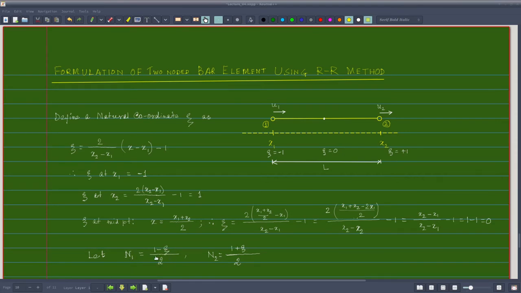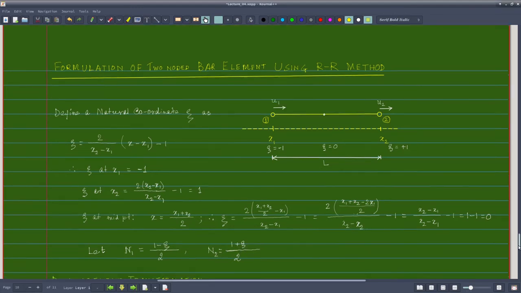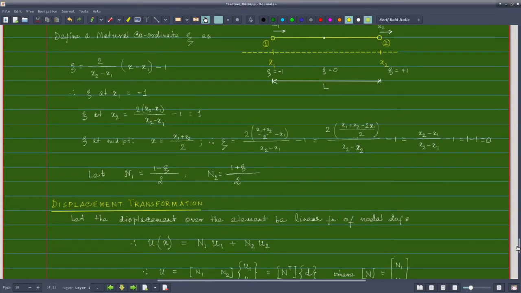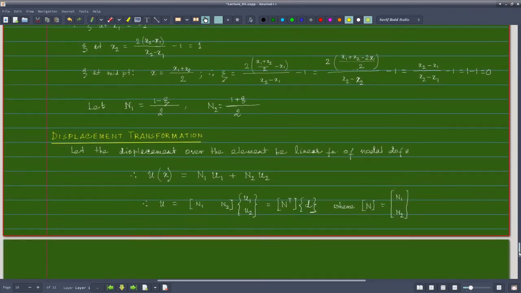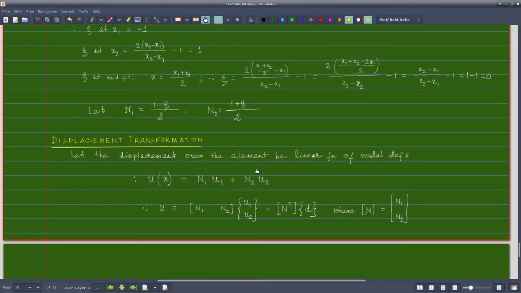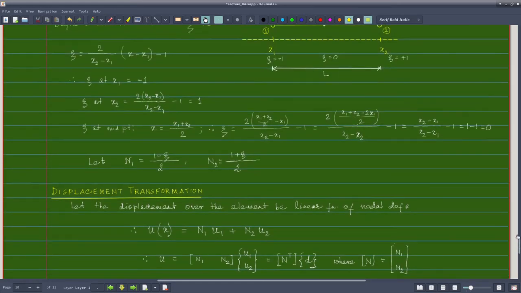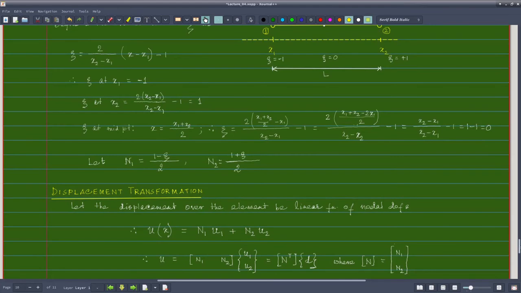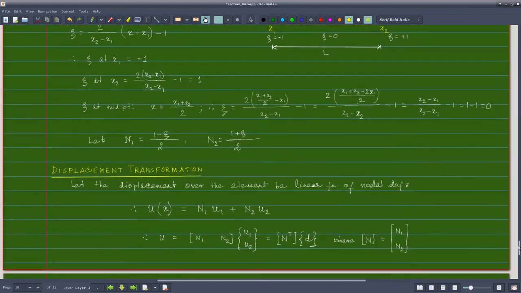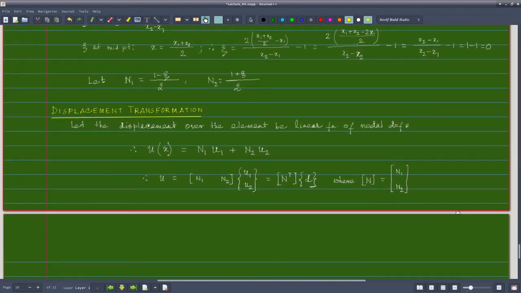So that N1 I have defined as (1 minus xi) by 2 and N2 as (1 plus xi) by 2. Okay. And therefore, if I now want to express my displacement over the element in terms of the nodal displacements, that is what we always do for finite element formulation, because my nodal displacements are basic unknowns.